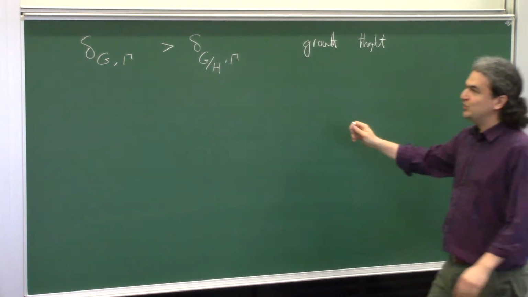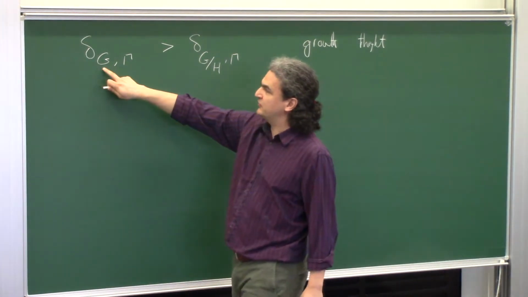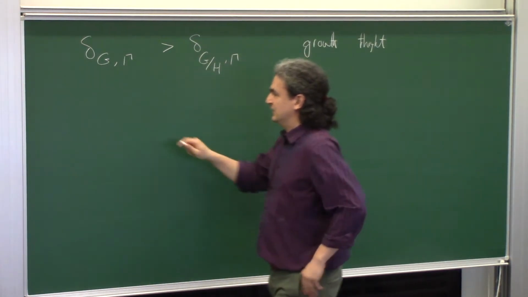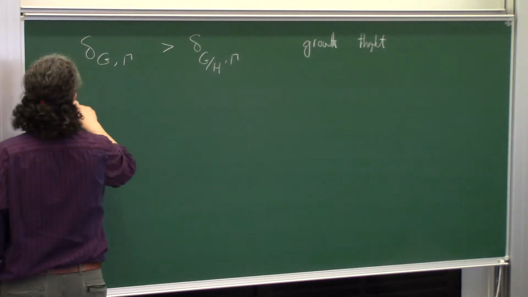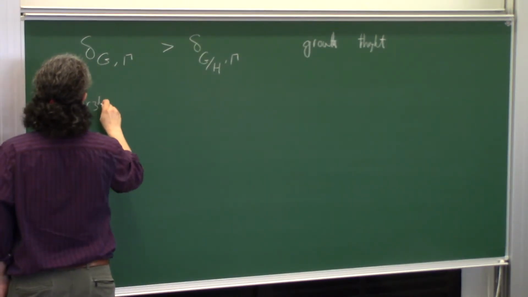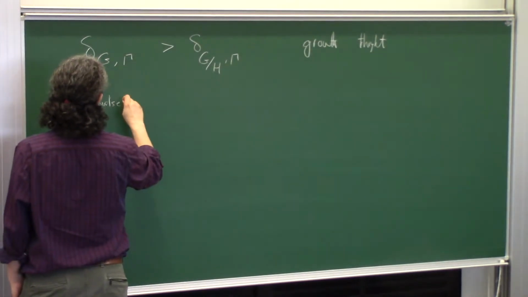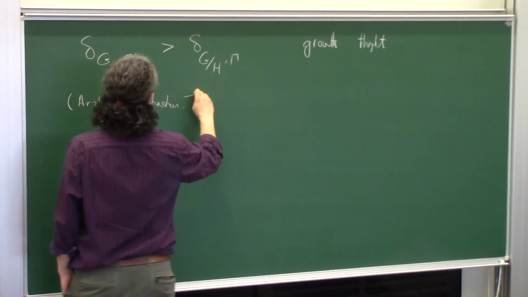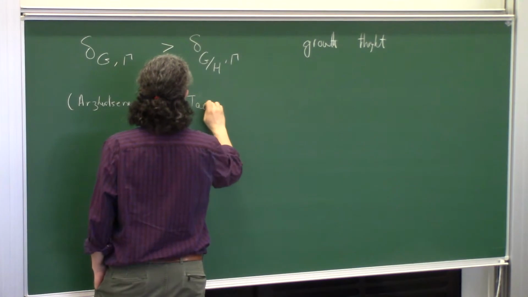Anyway, you can do this for the action of G on its own K graph or some other space. There was a theorem by Chris Cashen and Jing Tao.